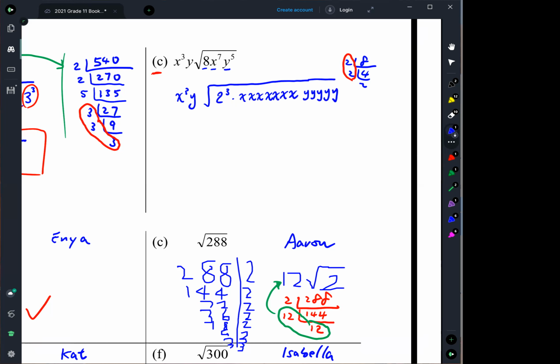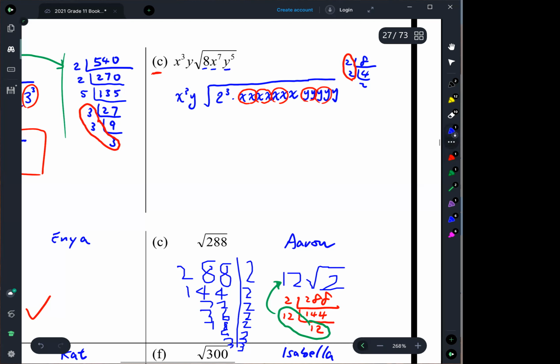Okay, so we want pairs. So you think about how many pairs can be taken out from 7. So you can do 7 divided by 2, right? So you can get at least 3. So 1, 2, 3. Okay, 3 x's to go out. And then for the y, 1 group, 2 group, right? 2 pairs of y. And for the 2 cube, you get 1 pair, right?